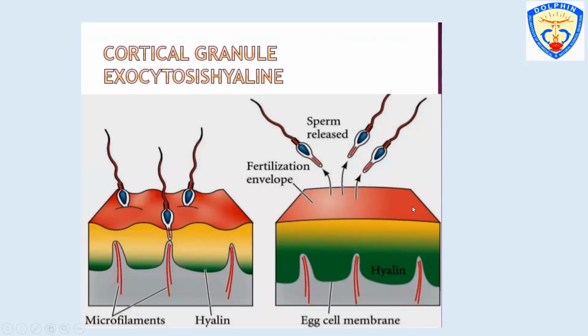Once there is development of the fertilization envelope, all the sperms which are coming towards the outer membrane of the egg are repelled out and the egg cell membrane is developed.